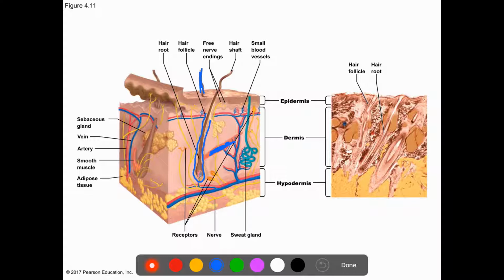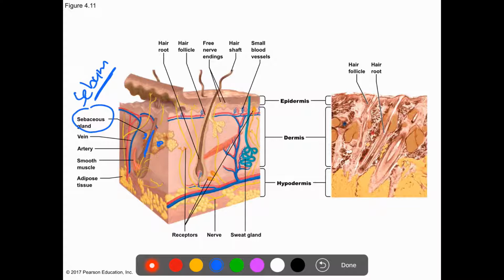We have also different types of glands. We have sebaceous glands, which are these surrounding the hair. These are responsible for producing sebum, which is going to moisten and soften the hair.